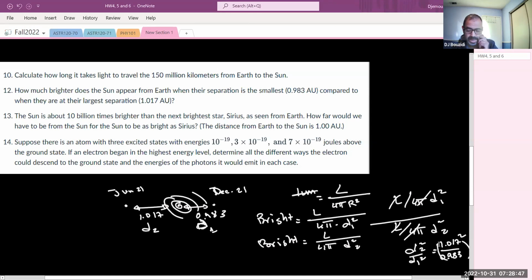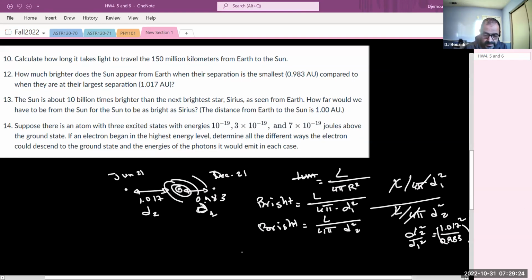So if I do this quickly in a calculator, I have 1.017 divided by 0.983, and because this depends on the square, I really have to square this number. So it's going to be 1.07. That's the ratio.